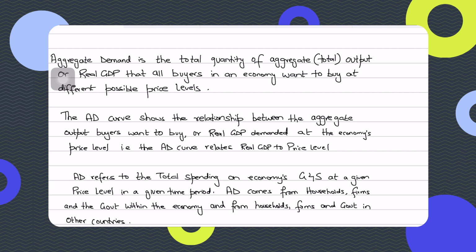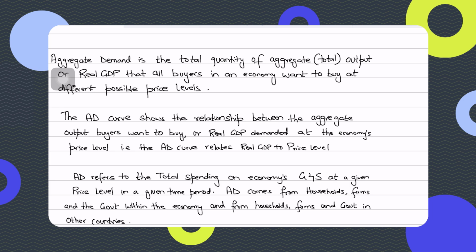And by all the buyers, we're talking about households, firms, government, or foreign buyers. So in the aggregate economy, consumers, firms, government, and foreign consumers can consume domestic goods, and so aggregate demand would be comprised of goods and services in the domestic real GDP that consumers, firms, government, and foreign buyers are willing and able to purchase at different price levels, right?